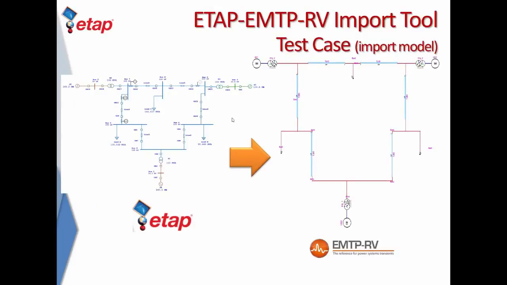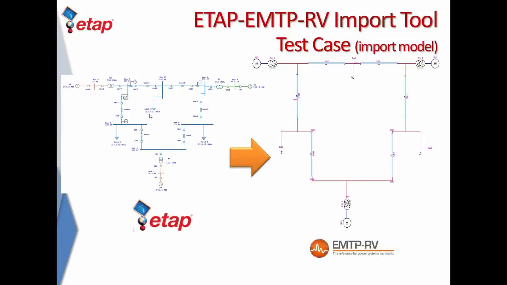The tool essentially allows you to take the best of both worlds and migrate them together into one common platform, so you can build the network model inside ETAP, perform the basic analysis, including power flow, fault coordination, dynamic stability, and then for advanced studies such as fast transients, you can migrate the data over to EMTP-RV without losing any fidelity, without losing any information.